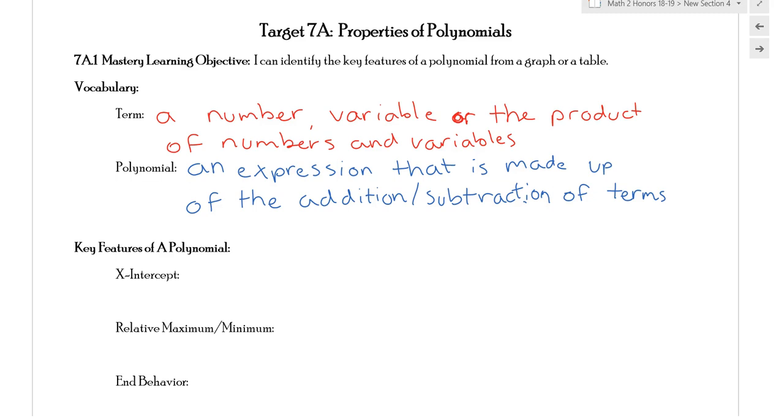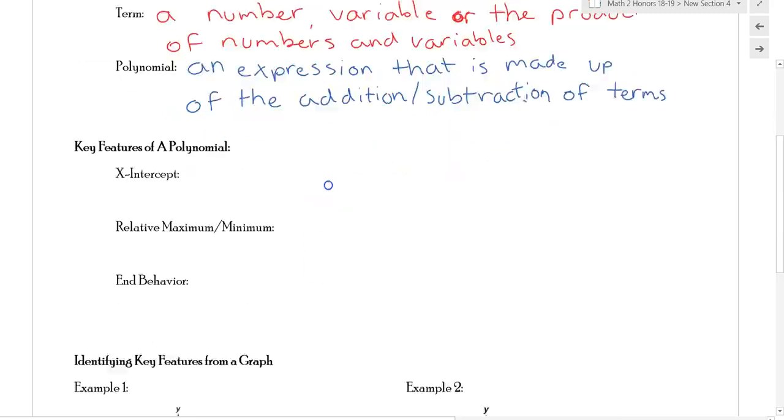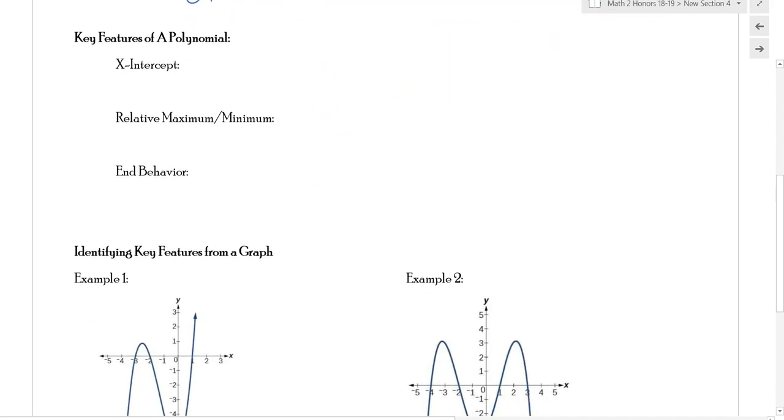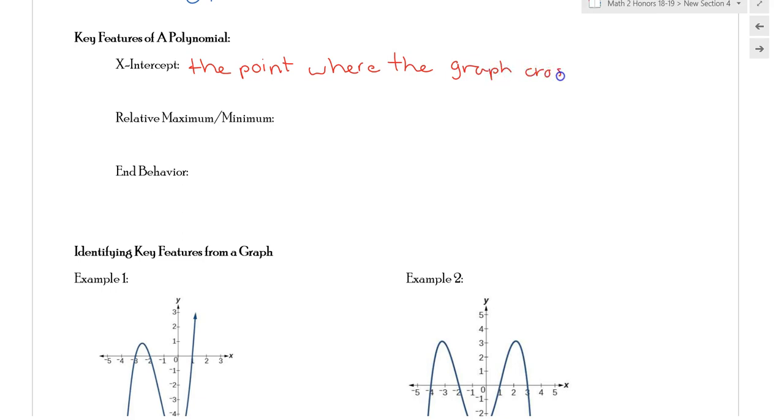So what we're going to be looking at in these notes is the key features of a polynomial. We're going to start by looking at 3 key features. The first one is the x-intercept. An x-intercept is the point where the graph crosses the x-axis.